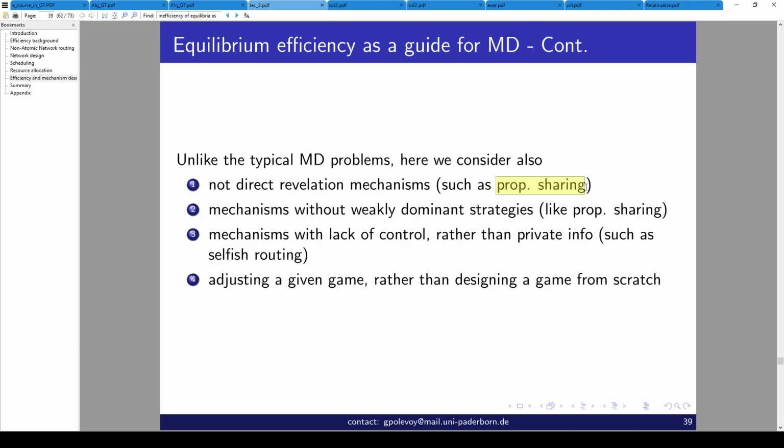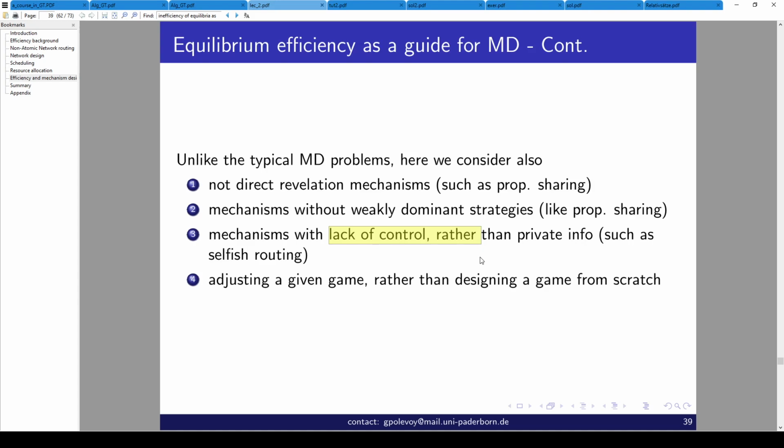Also, another thing is that there are often mechanisms where we don't have the control to do something. In a classical mechanism like an auction, you just select how much each player wants the item, and therefore you just want to motivate them to give you the true value. But in selfish routing, for example, you lack the control. You're not able to tell people how to go.